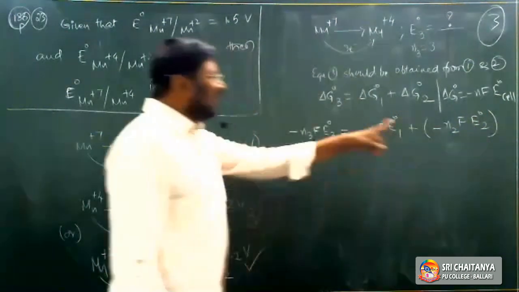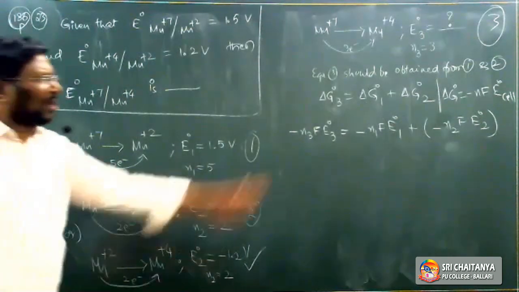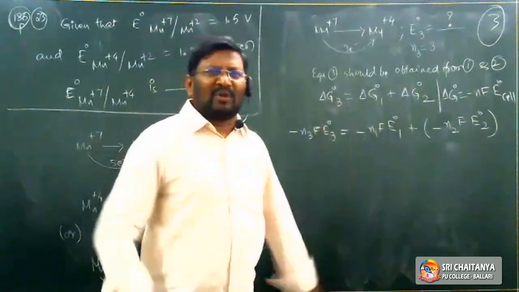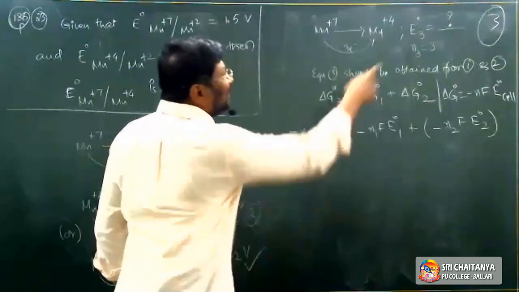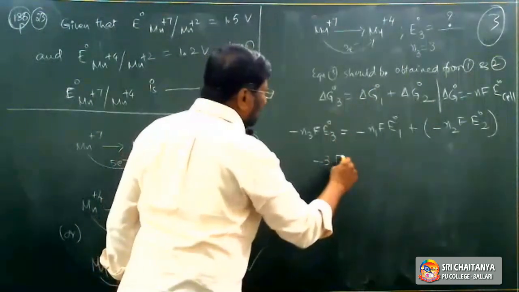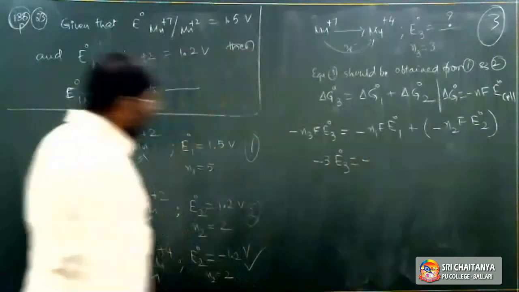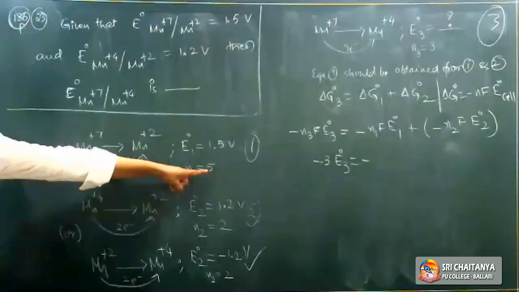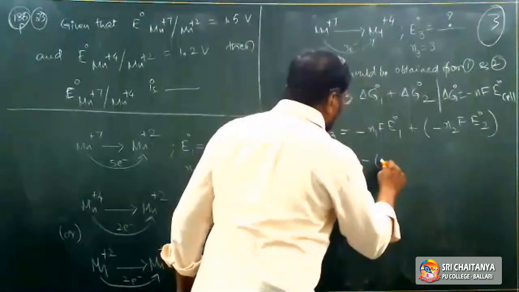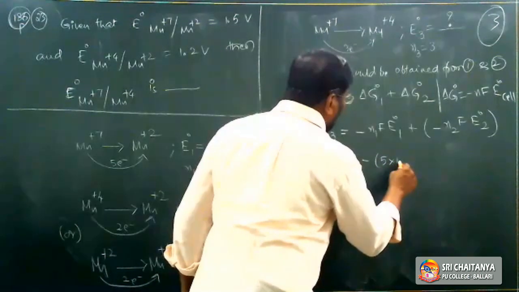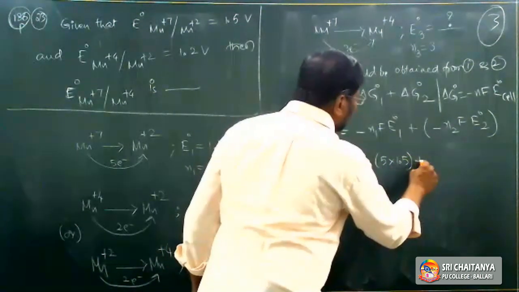That's all. F cancelled. What is F? 96,500. It is on both sides, so it will be cancelled. So now minus N3, meaning 3, E0 3 is equal to minus N1, 5, into 1.5. So 5 into 1.5.